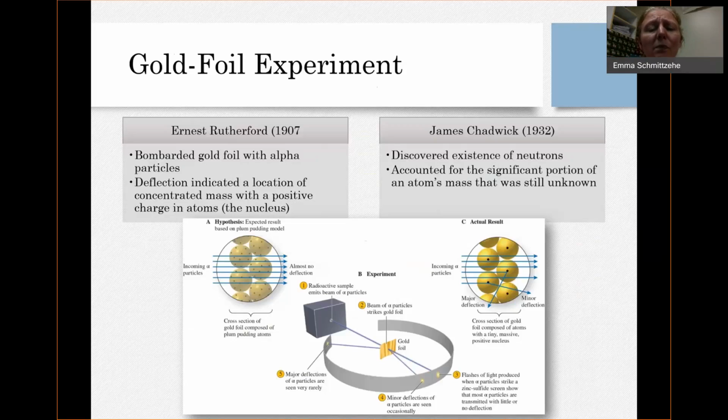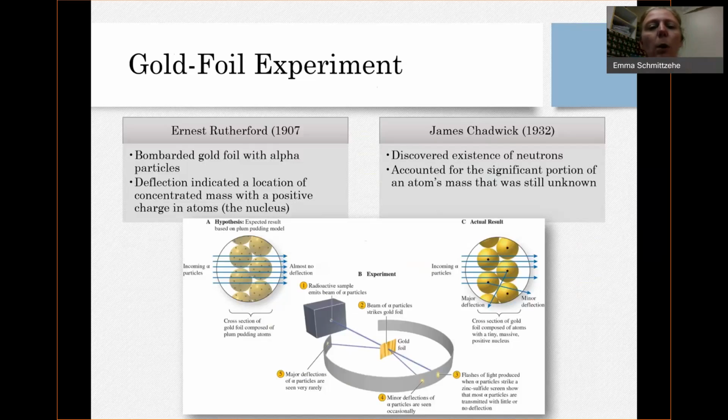And so that narrowed things down to a structure where, instead of this positive fluid, you could say, with negative particles in it, we must have a positive region, a cluster of positive stuff, and then negative particles dispersed about.